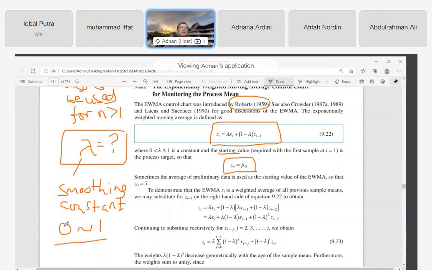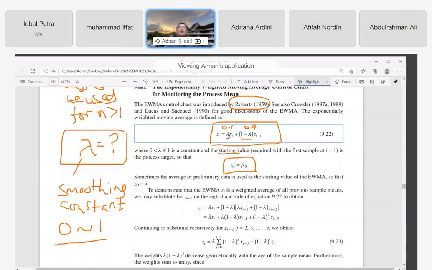Of course, we don't use 0. We use 0.1, 0.2, 0.3, up to 1. Because in this formula, you have lambda here, and you have 1 minus lambda. So if you have lambda equal to 0.1, on this side it's going to be 0.9. What it shows here is lambda times xi, meaning the current value. And 1 minus lambda times z(i minus 1) is the old value.